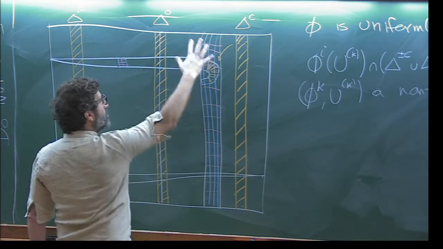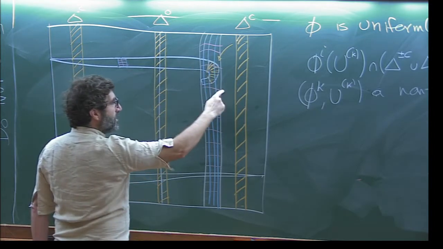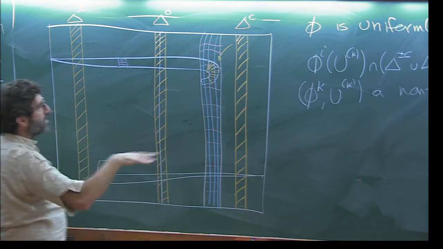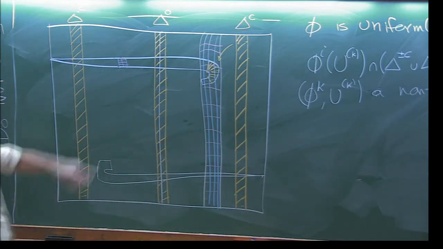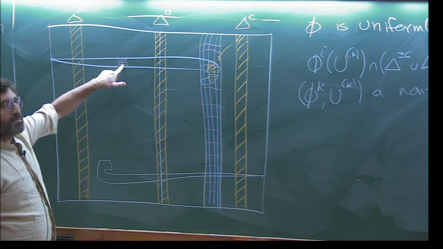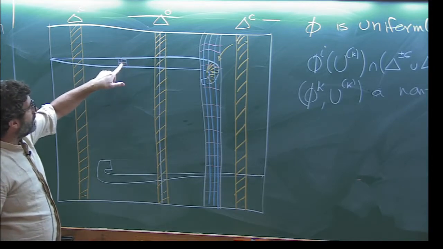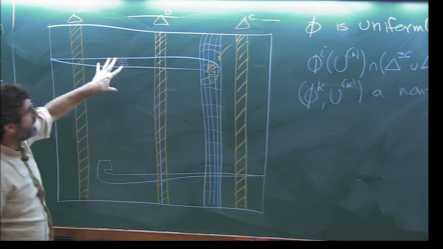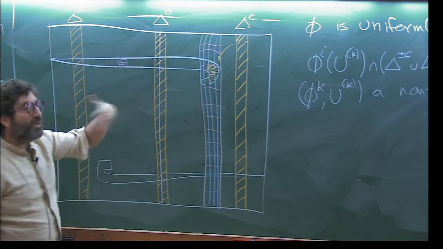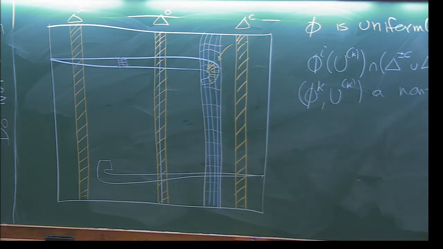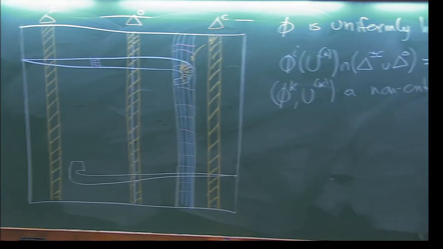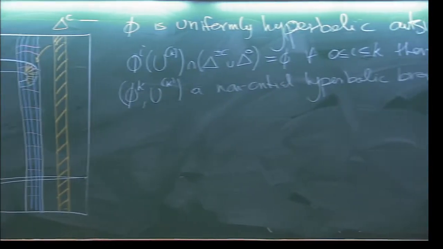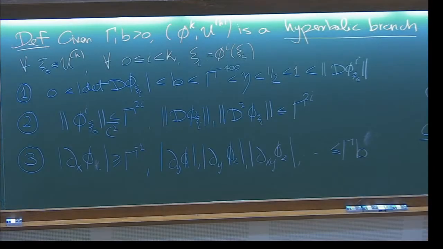And because this is uniformly hyperbolic, these curves, which we've just shown are admissible, almost horizontal and with small curvature, will map also to admissible curves with small curvature. Therefore, at least after one iterate, this will be a fully admissible hyperbolic branch, because not only are the curves admissible, but the images are also admissible.